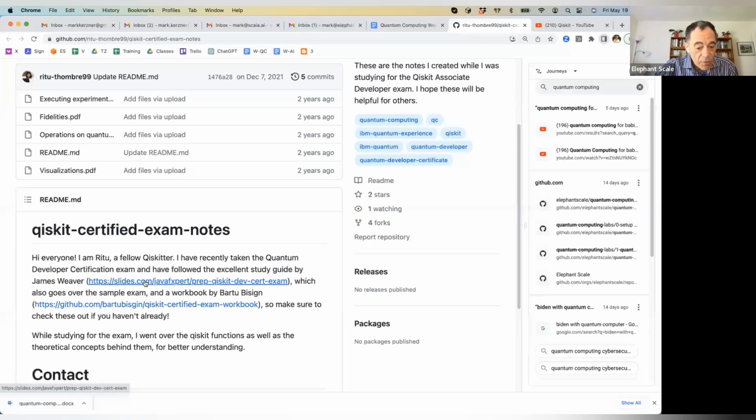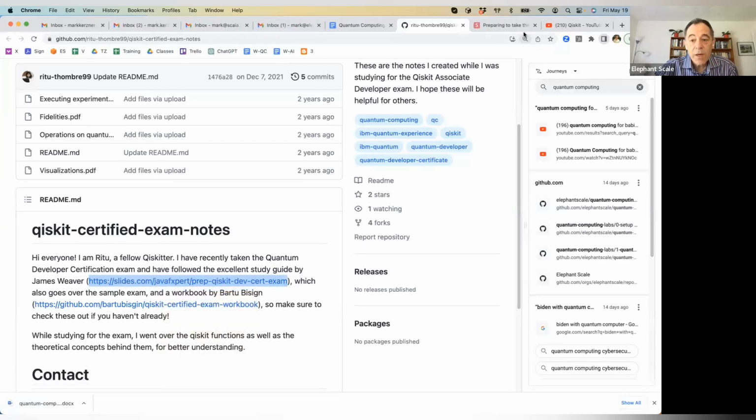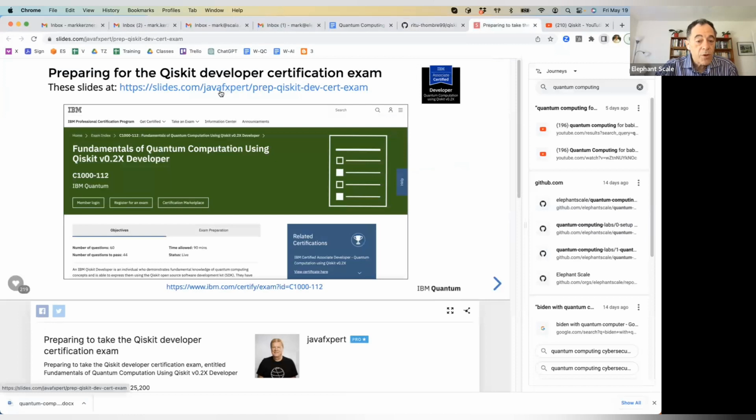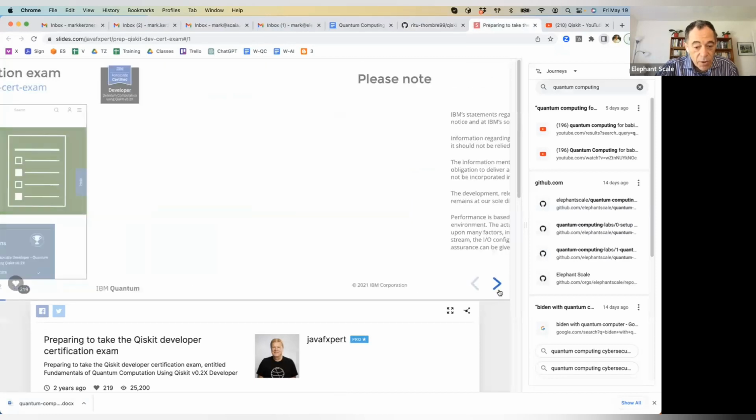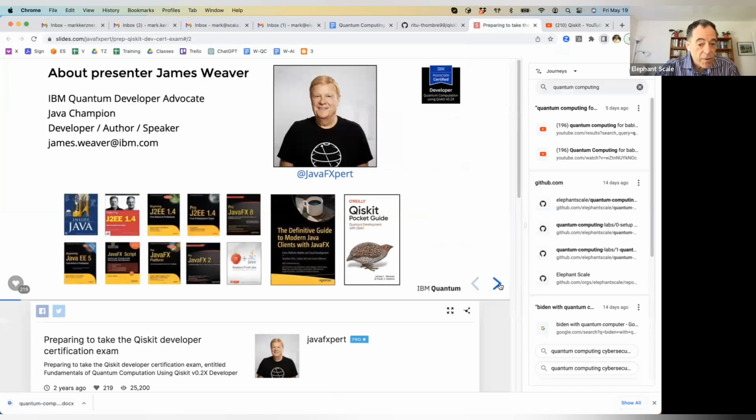This is his own notes, and I think this is really a good study guide. So let me open that right here. Okay, prepare to take the Qiskit certification, and that's the guide. That's how you go through the slides here. So I think that's a great introduction to the Qiskit library.